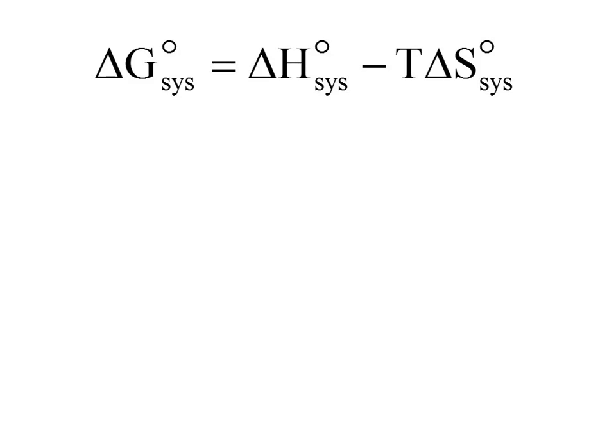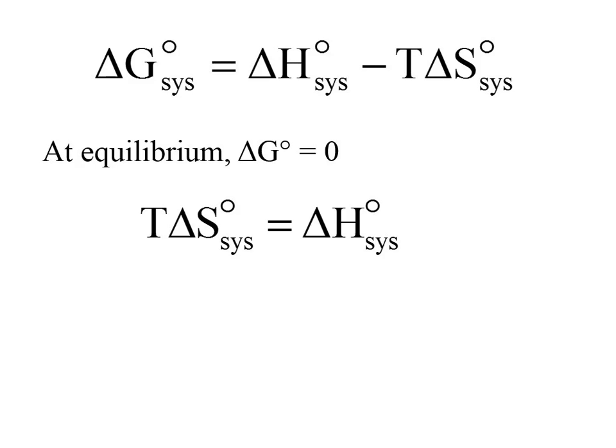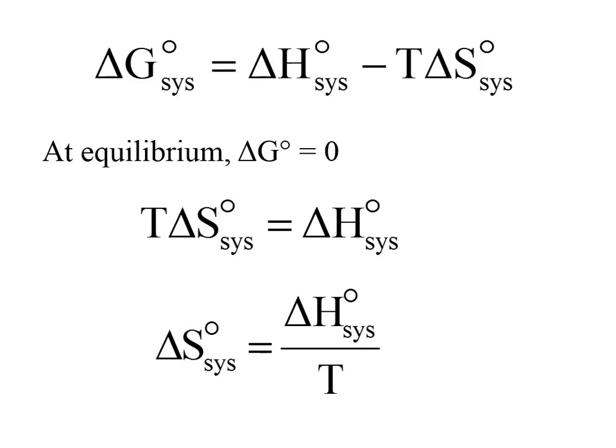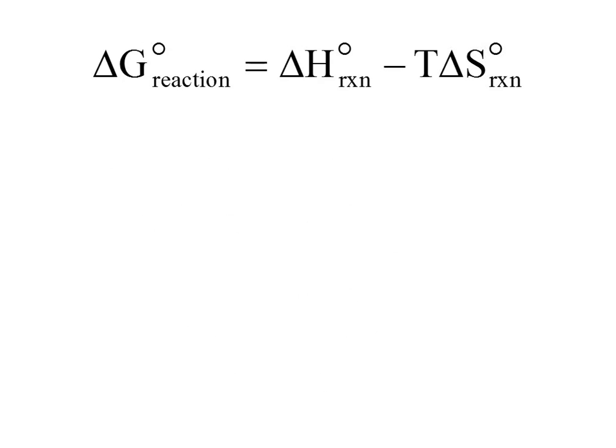So let's plug in Gibbs free energy equal to 0. We can move the terms to either side of the equal sign, and we get the absolute temperature times the change in entropy is equal to the change in enthalpy. Divide both sides by the absolute temperature, and you get the thing you saw a few slides ago. So that's at equilibrium, no movement.